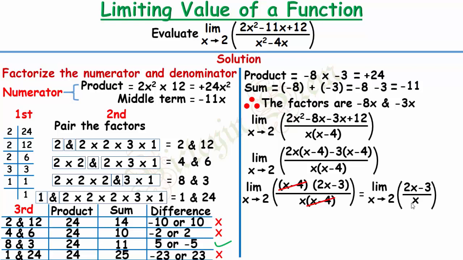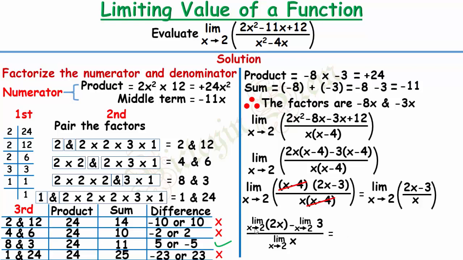So to resolve this fraction further, we need to attach the limit as x approaches 2 to 2x, to 3, and to x. So if I do that, I'll have limit as x approaches 2 of 2x minus limit as x approaches 2 of 3 divided by limit as x approaches 2 of x. So we're all good now. What we need to do is to find the value of x.